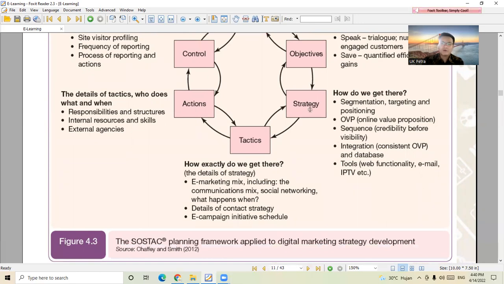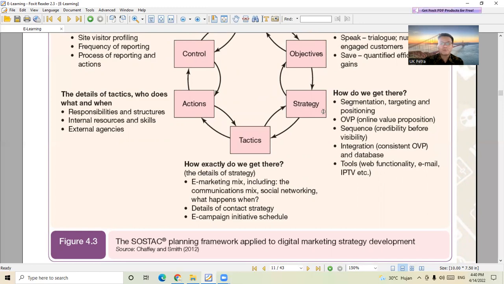The detail of strategy, we call it tactics. The question that should be answered for tactics is how do we get there? Notice that for strategy it is also how do we get there, but that is just the general way.